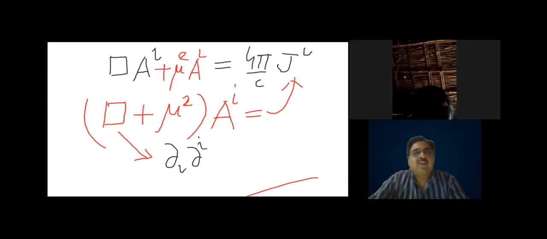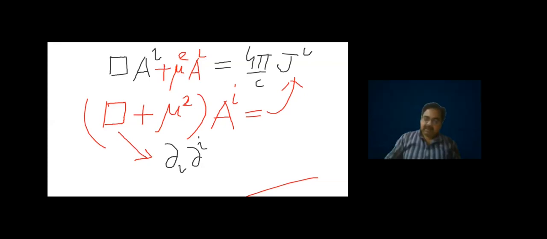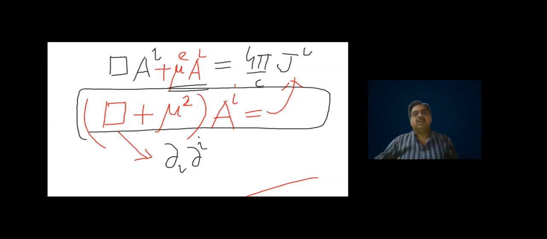And being a scalar operator, it should remain the same in all the inertial frames. So remember this, and you will again be reminded of this expression while talking about the spin zero fields in quantum field theory, in relativistic quantum mechanics, which you will, I guess, study in your 4th semester or so on.